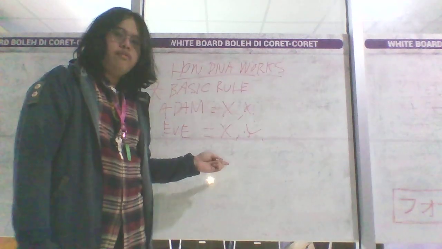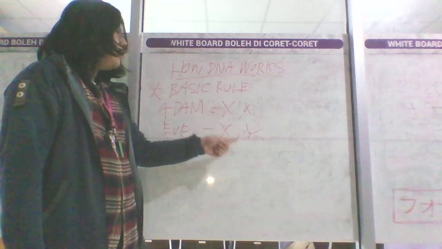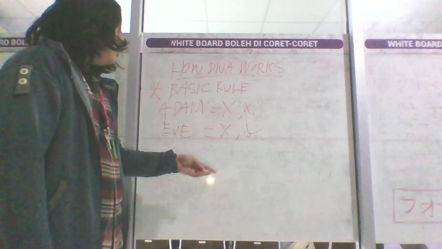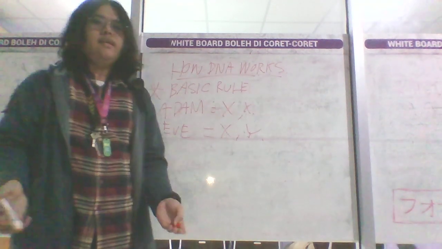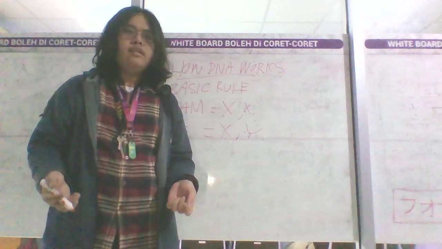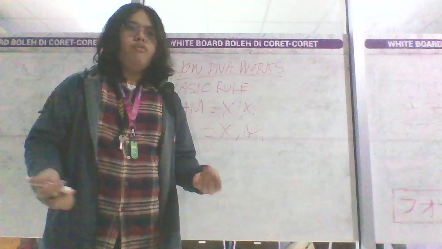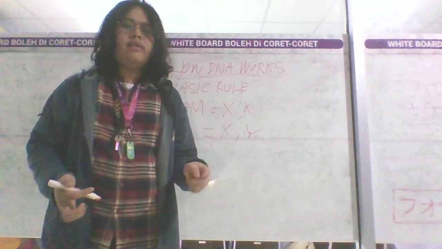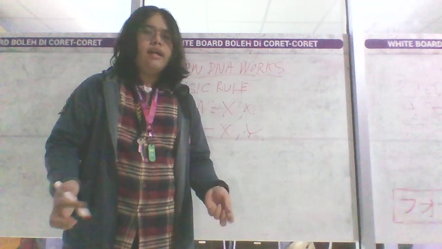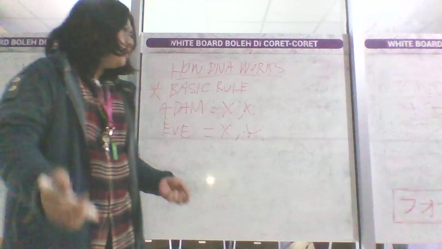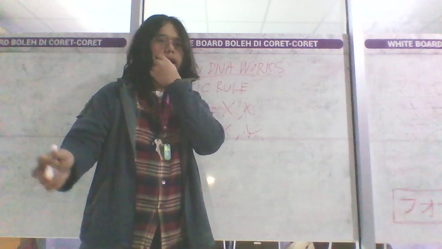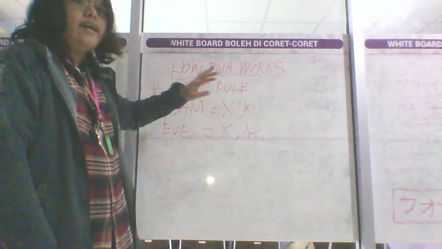And then if we have X and Y, how could this become like this? Basically in biology we understand that each cell has chromosomes. In humans we have 23 chromosomes, which commonly come from Adam.